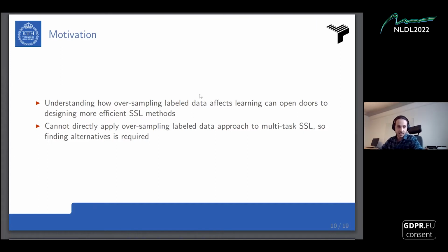And finally, we have identified some issues when trying to apply this oversampling of labeled data approach, for example, in multitask semi-supervised learning. I'm going to expand in the next slide, but we need to find alternatives to that.